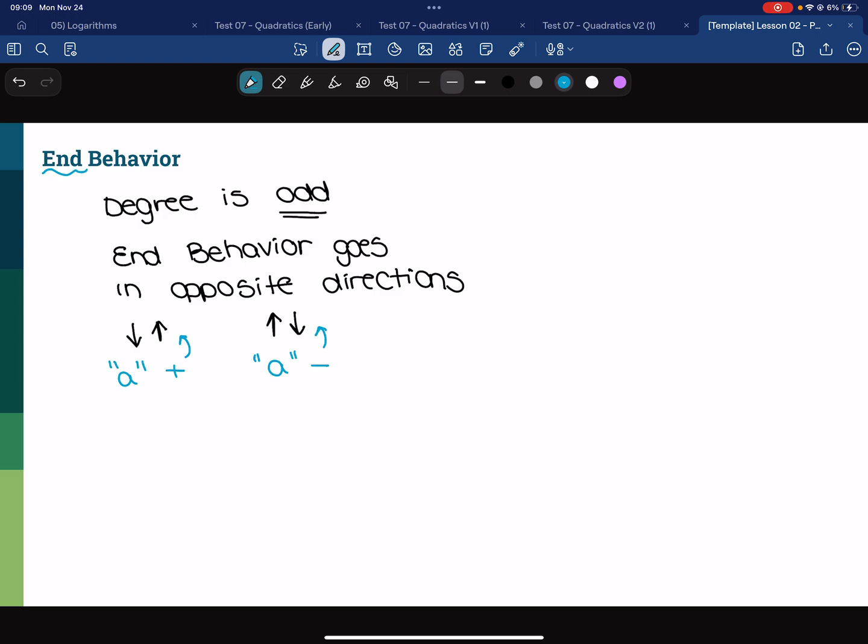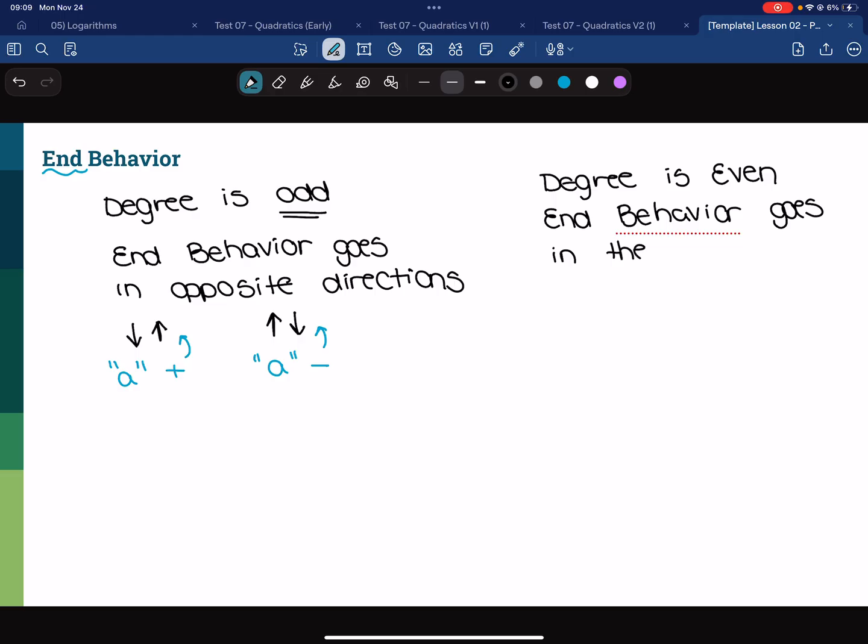But maybe something changes with my degree. My degree is even, let's say. My end behavior is going to go in the same direction, because we're thinking like a 2, a 4, a 6, an 8. This end behavior goes in the same direction.